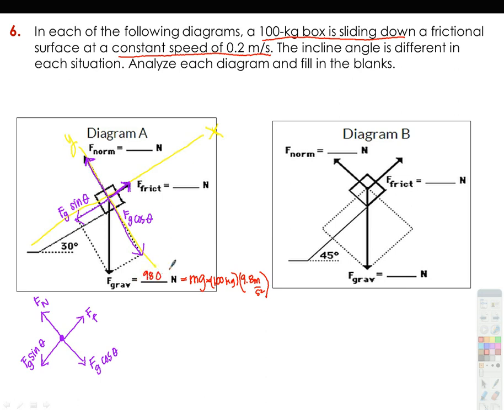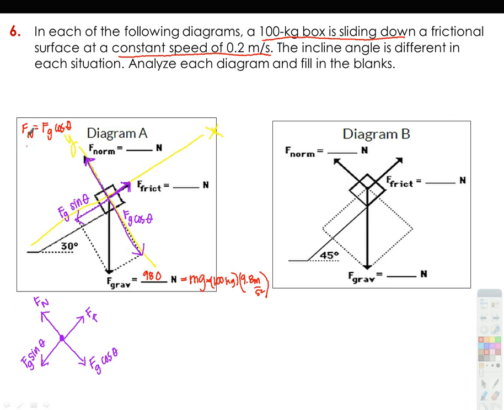Next, the normal force. Looking at your pseudo free body diagram, your normal force is pointing in this direction. It is moving at a constant speed, so based on this, the normal force is equivalent to Fg cosine theta.